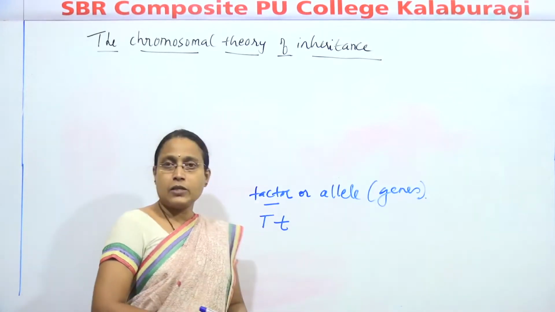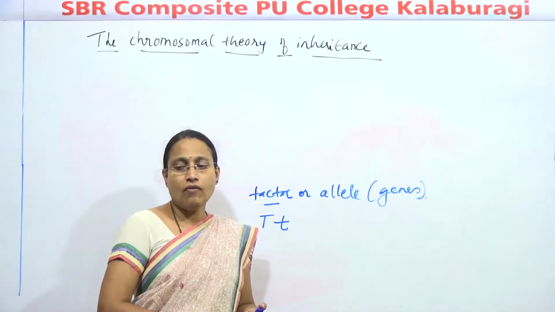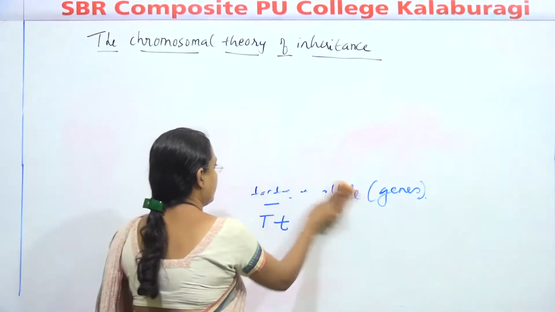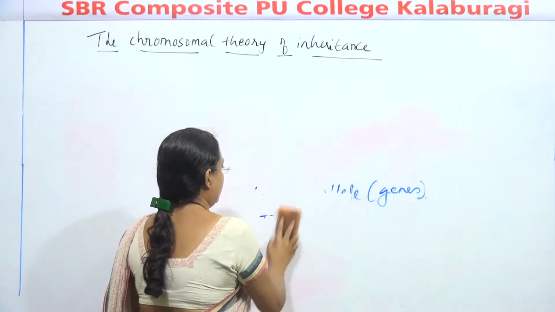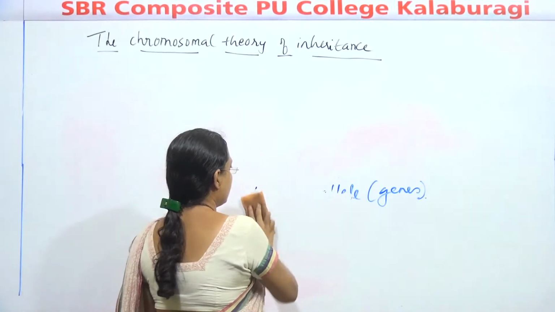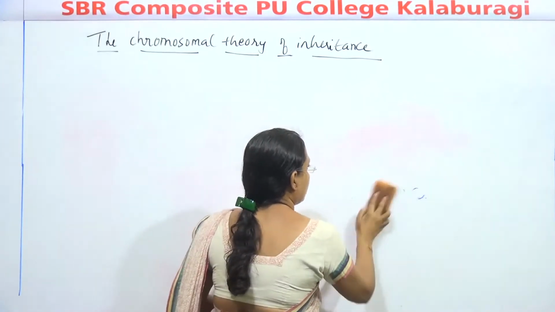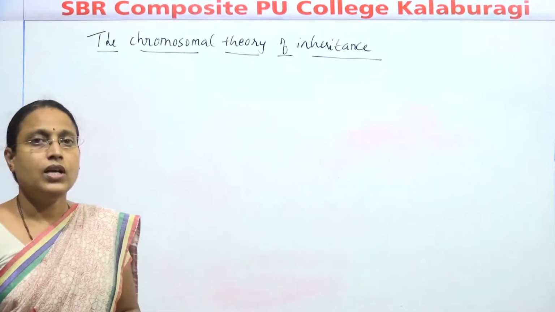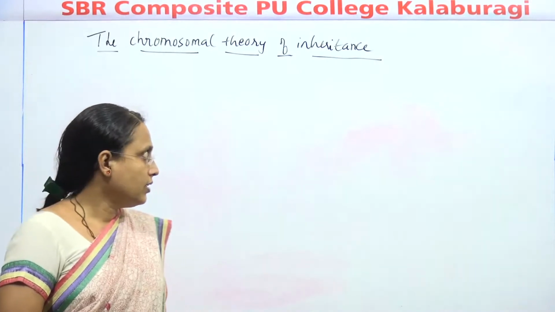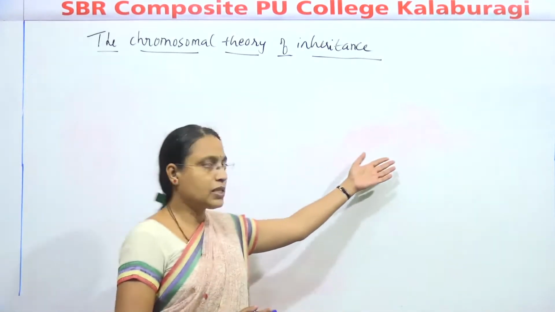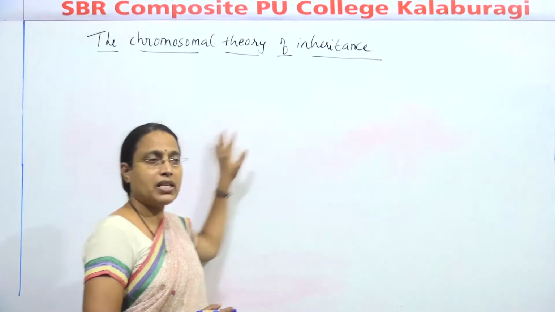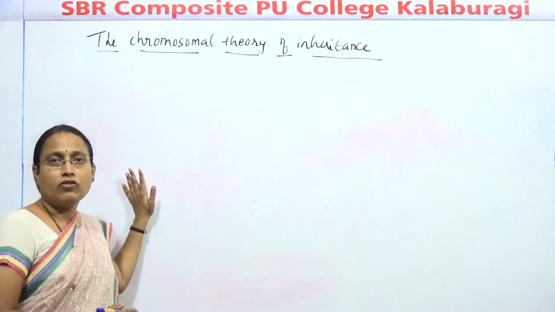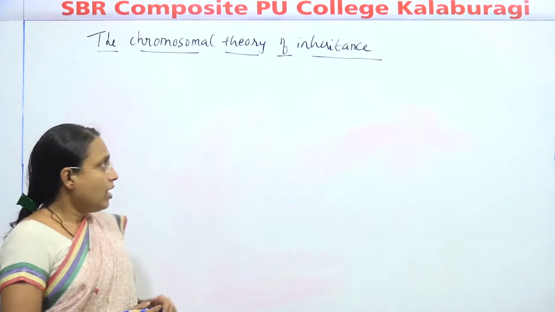That itself is explained in the chromosomal theory of inheritance. I will begin, and parallelly I'll be explaining the various statements along with the diagram, and the similarities with the Mendelian factors.